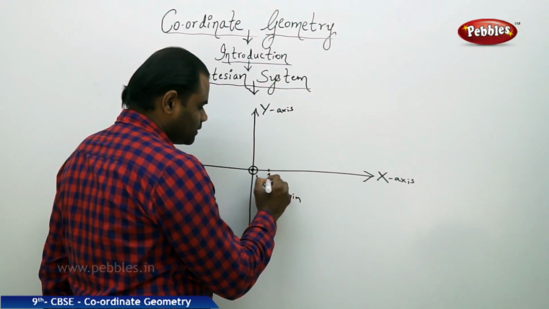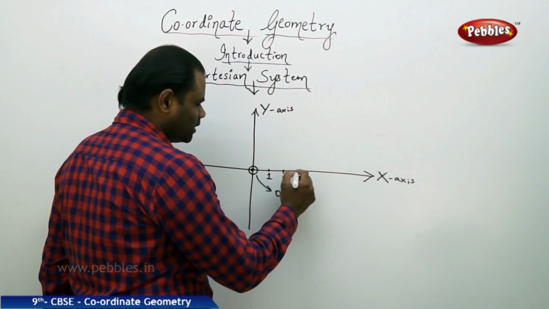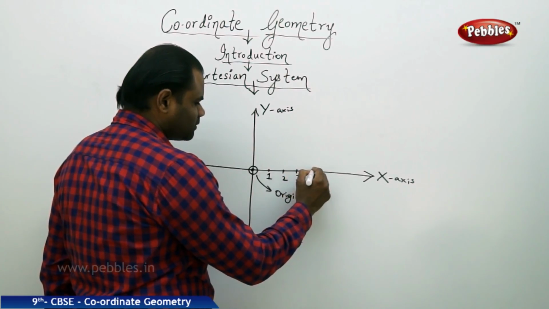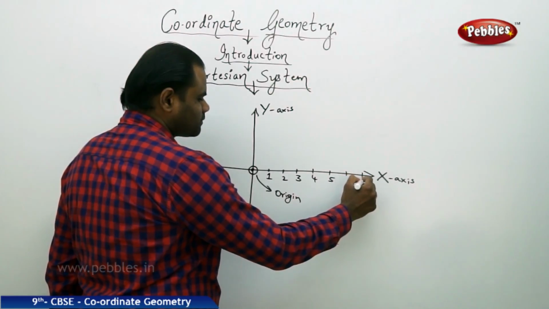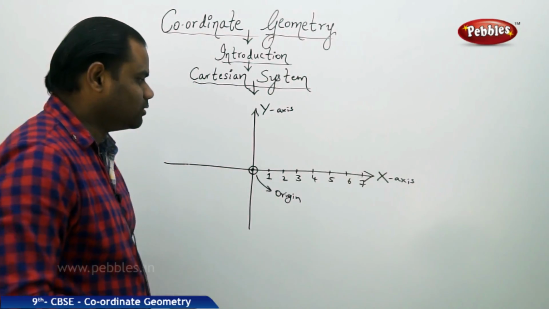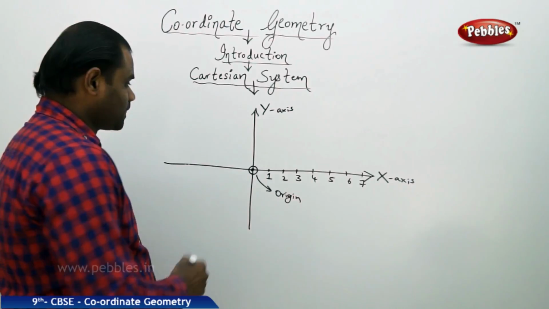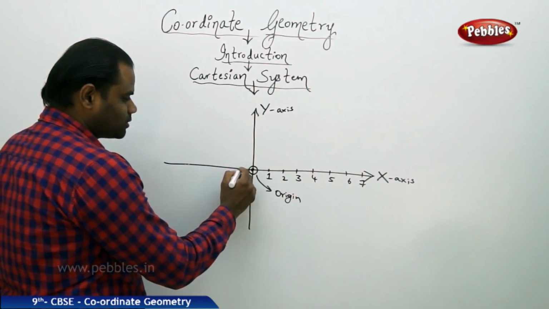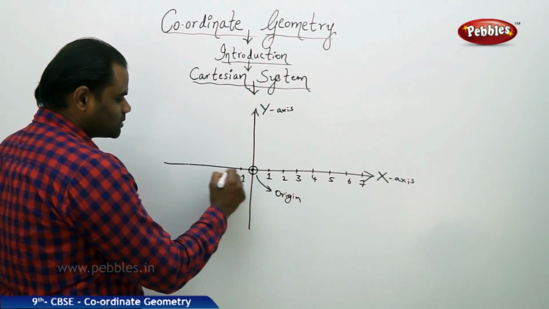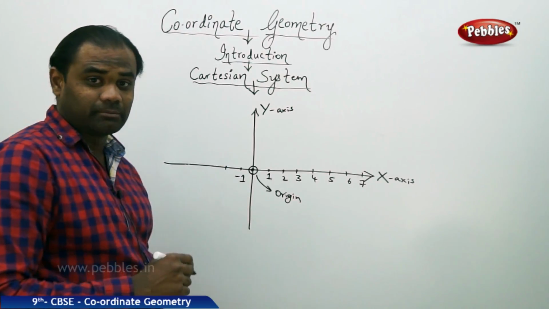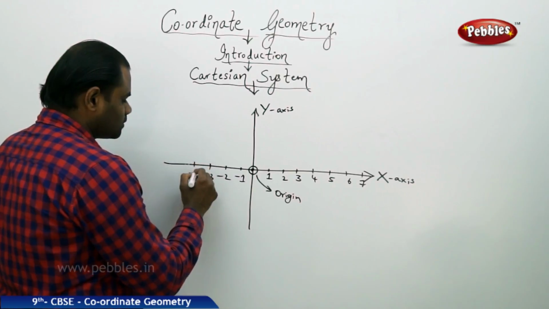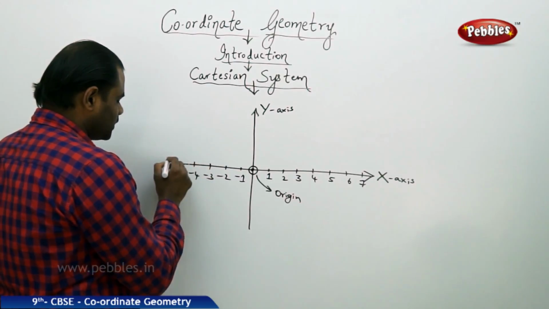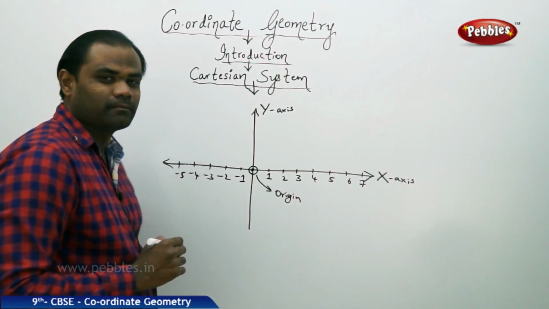I take all the values on the right, denoted by 1, 2, 3, 4, 5, 6, 7, etc. It goes on and on till infinity. The left side of the x-axis is denoted by negative real numbers like -1, -2, -3, -4, -5, and so on and so forth.